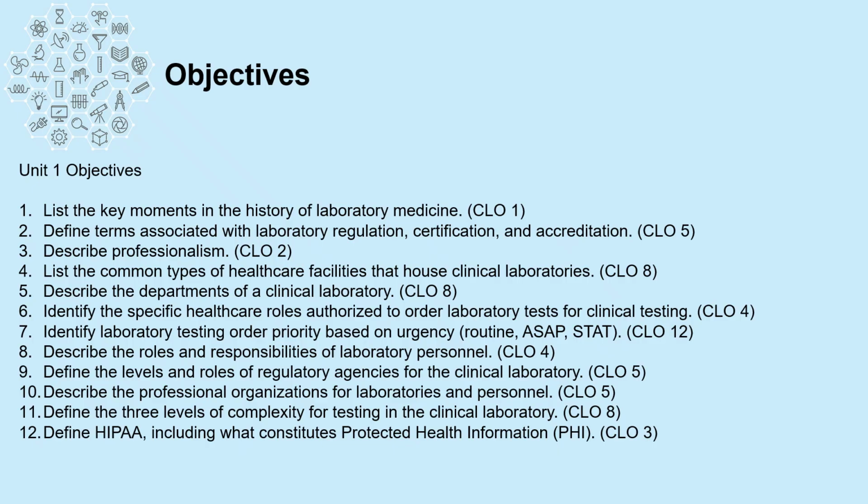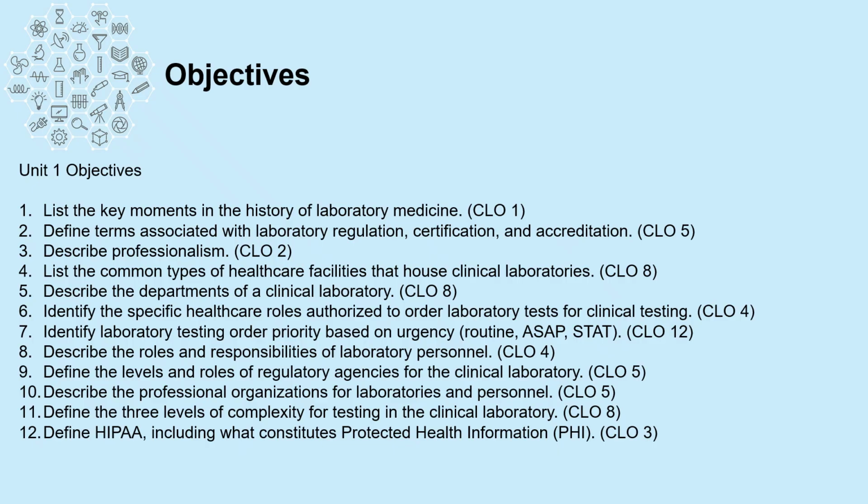identify laboratory testing order priority based on urgency, whether it's a routine, ASAP, or stat test. I want you to be able to describe the roles and responsibilities of laboratory personnel. I want you to define the levels and roles of regulatory agencies for the clinical laboratory.